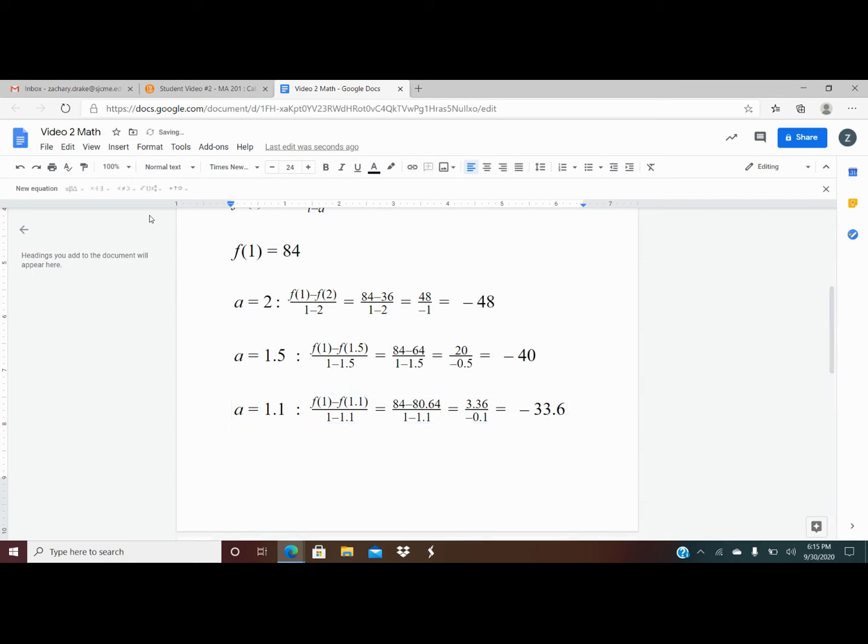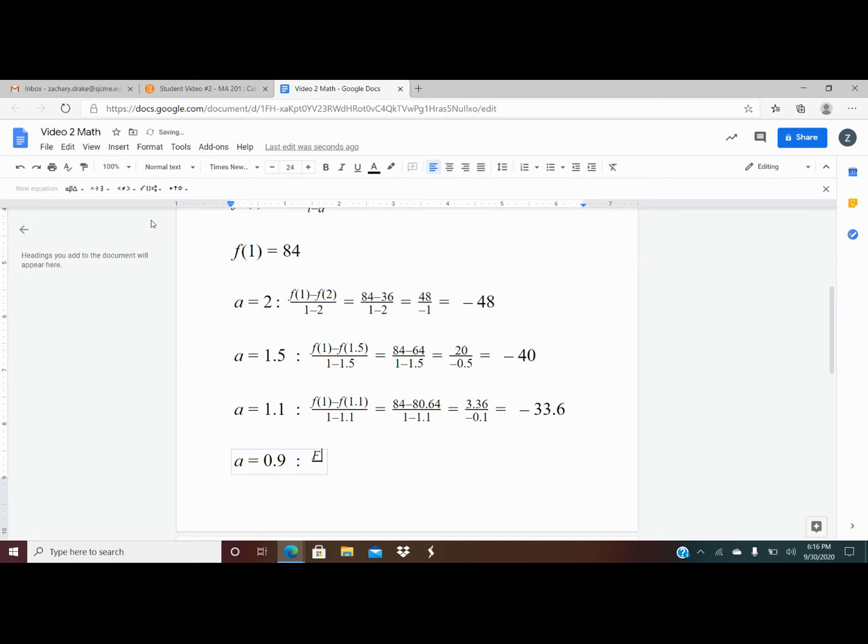And lastly, for the heck of it, we're going to do the final one at a equals 0.9. Sorry, this is taking so long, I know.